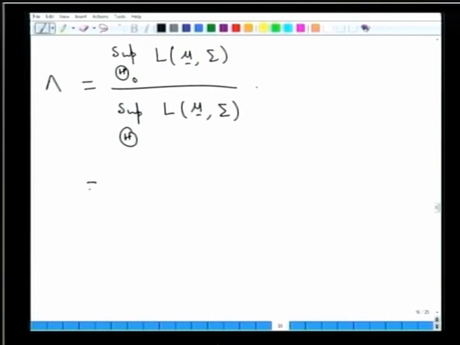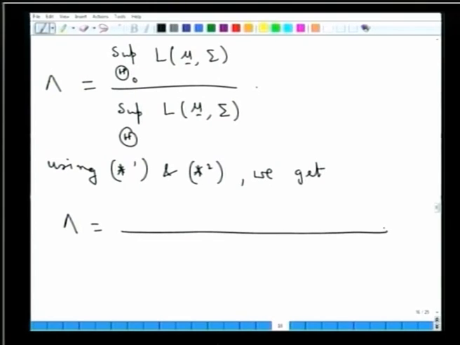So using star 1 and star 2, we can straight away write what this is, using star 1, which was this term here, and star 2 equation, which was the restricted supremum. What we get is this form of lambda, which under the restriction is 2 pi to the power minus mn by 2, n to the power mn by 2.